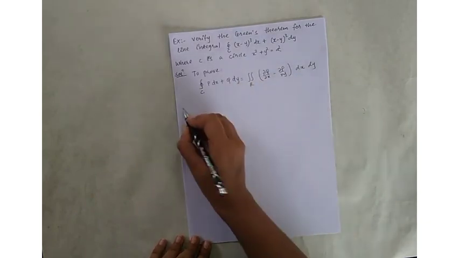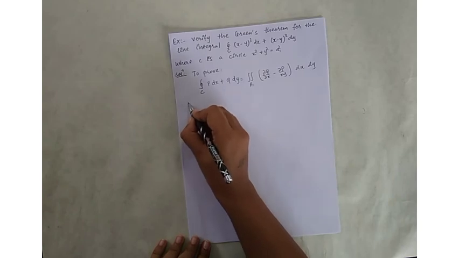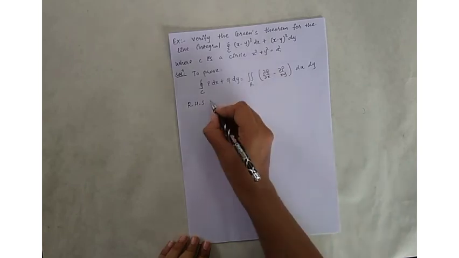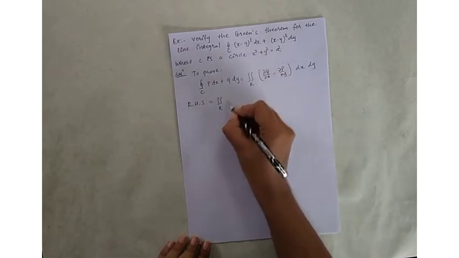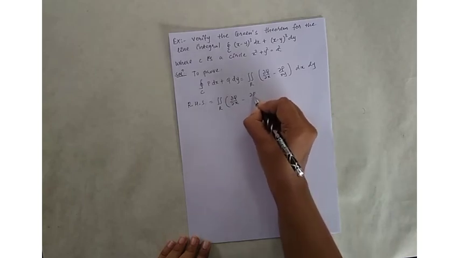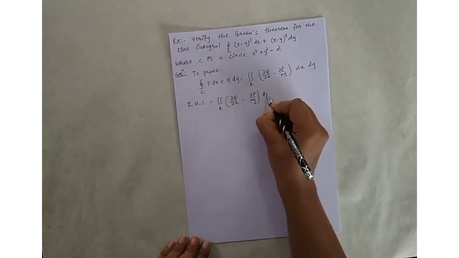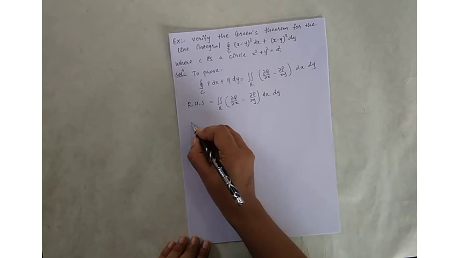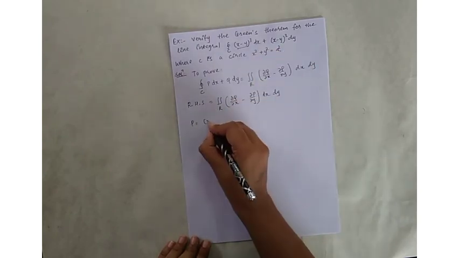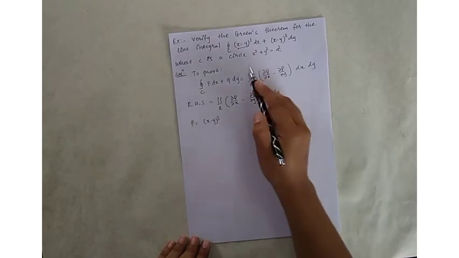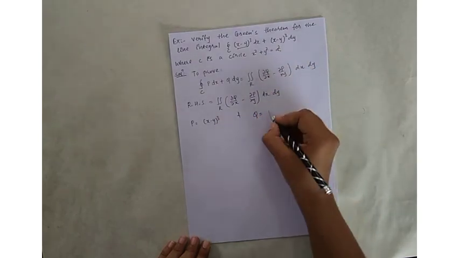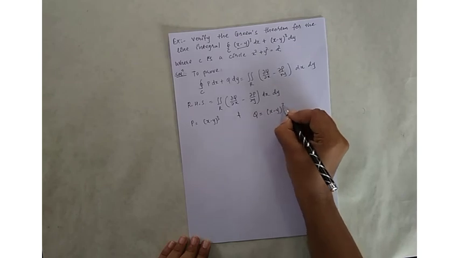So first take the right hand side, that is double integration over R of del q by del x minus del p by del y dx dy. For that, take the value of p, that is (x minus y) whole cube, and q is also given as (x minus y) whole cube.